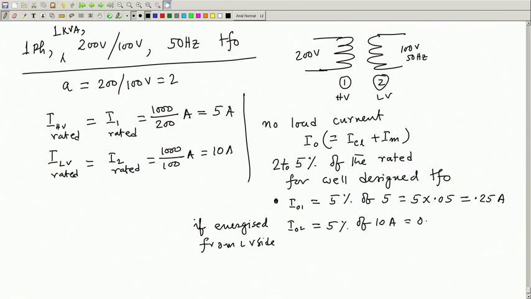That is 0.5 ampere. Anyway, exact value I do not know. What I am telling is, given a transformer, you can guess the order of the no load current.